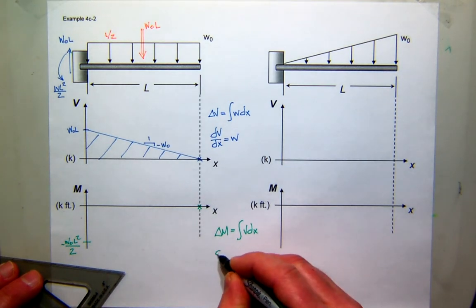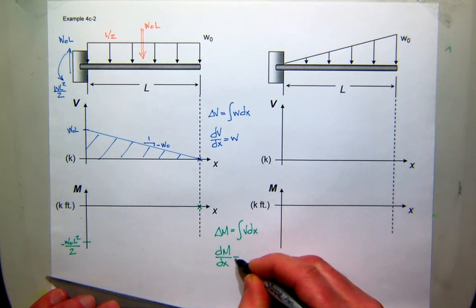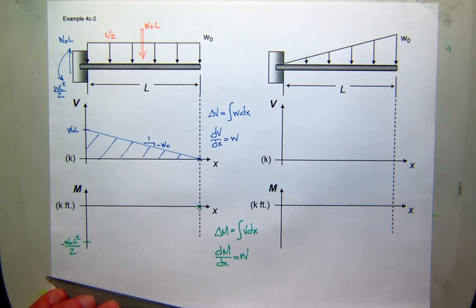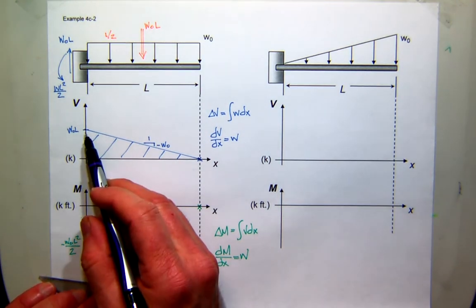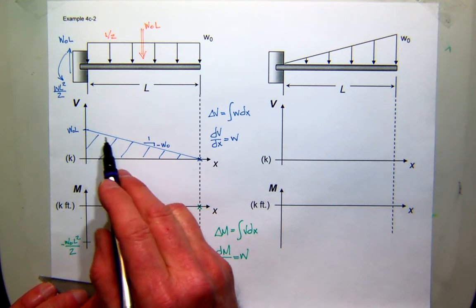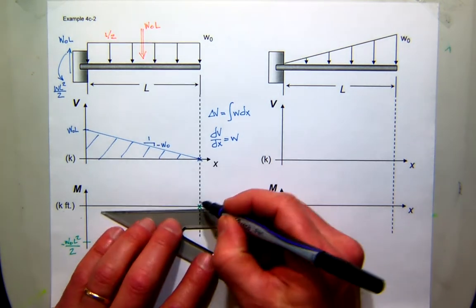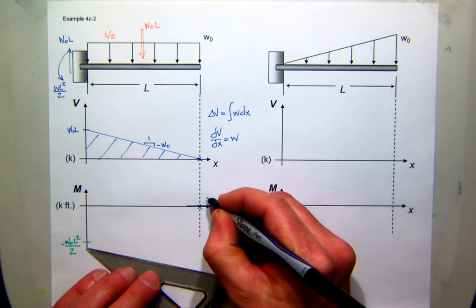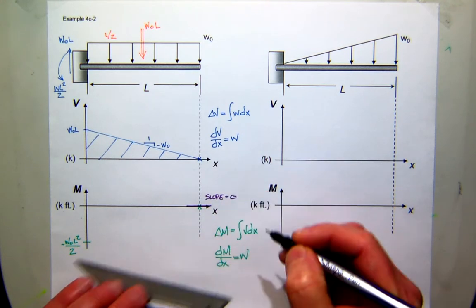What is the slope of the moment diagram? Well, it's equal to the load. I'm sorry, equal to the shear. Now, what is the shear starting at the left? It's positive, and it's WL. And what does the shear do? It decreases linearly to 0. Well, this is the easiest one. That means the slope here has to be 0.